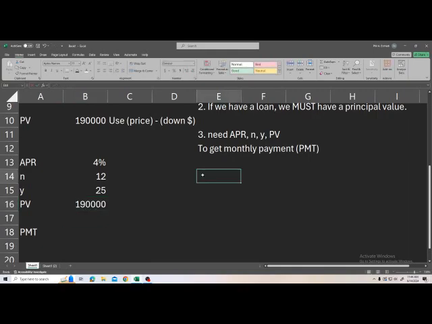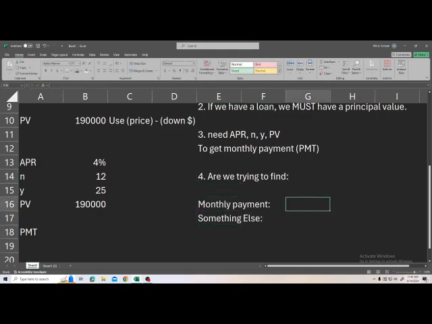One final question when you're dealing with loans. Are we trying to find the monthly payment or are we trying to find something else? If you're just trying to find the monthly payment and you're doing a loan, you can use the PMT formula normally with no modifications.